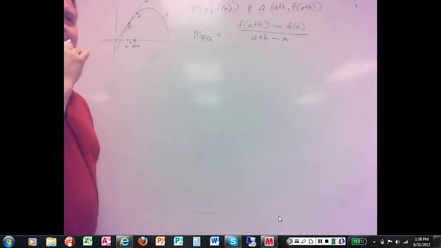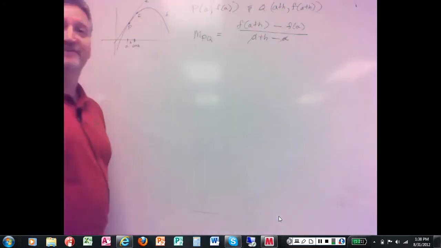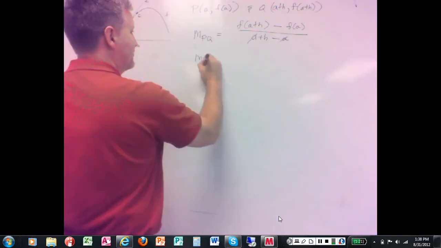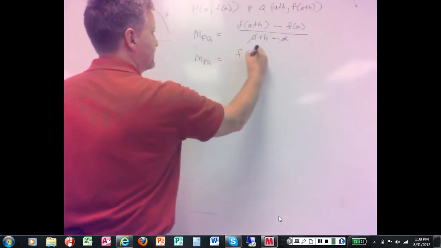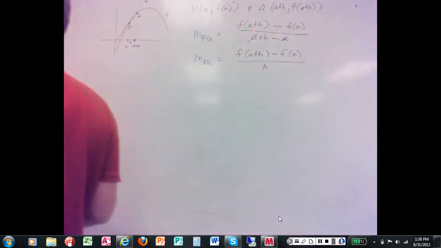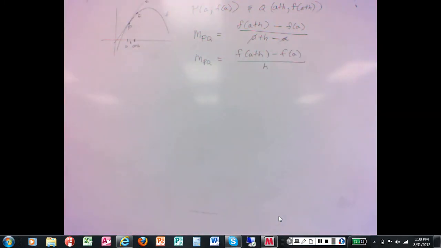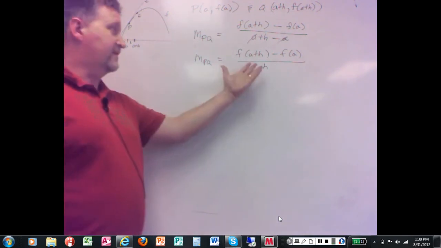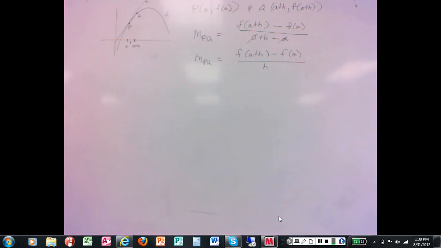What happens? Yeah, just h on the bottom. So the m_PQ is just f of a plus h minus f of a over h. A little different than the other m_PQ was, but it's the very same idea, isn't it?